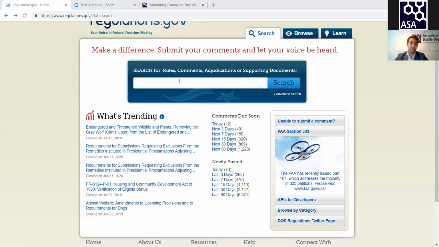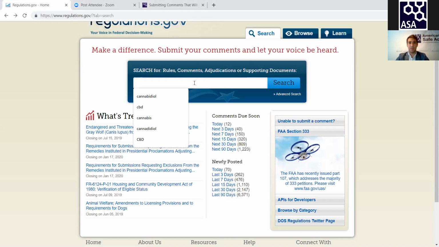So chances are many of these are not going to typically be relevant to what we do at Americans for Safe Access. Right here you can see that there is an endangered and threatened wildlife of the gray wolf. Certainly something important to comment on, but not what we focus on here.